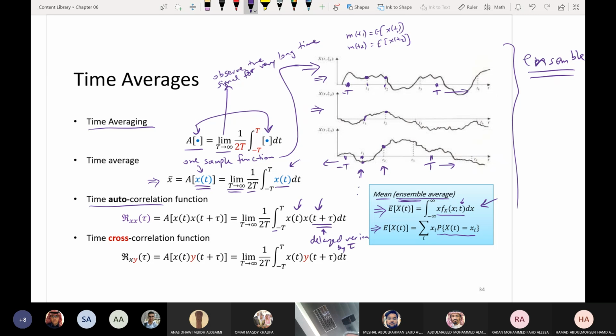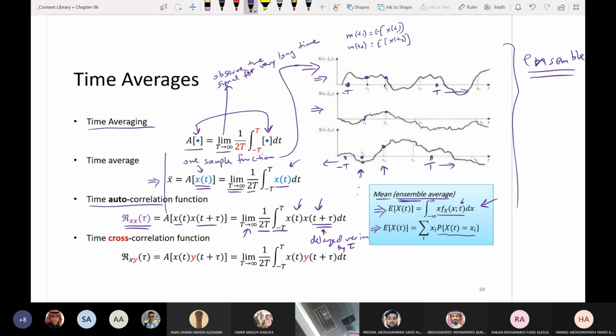Okay, and I integrate from minus T to T, and then I multiply by 1 over 2T. And I observe it for a long time. So I do this averaging over a long enough time. This gives me the time autocorrelation function. This is the way we write it, which is A of x of t times x of t plus tau.